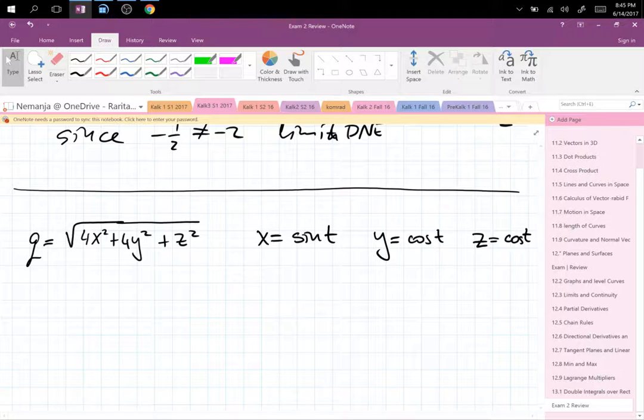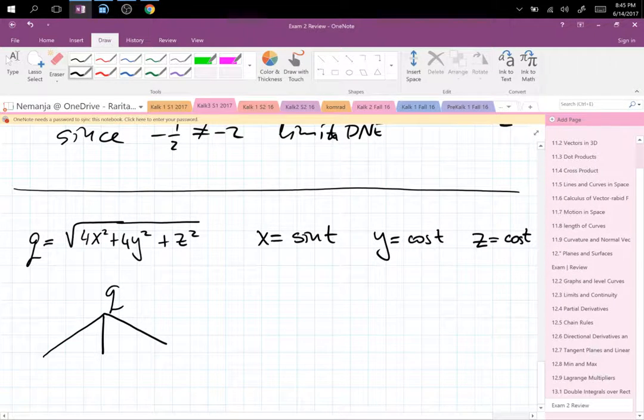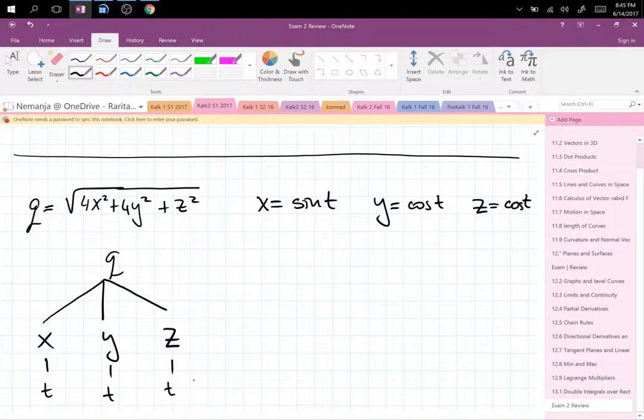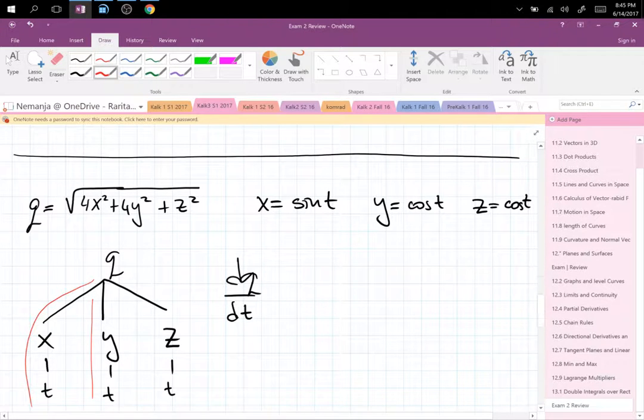Now, what I see is that function q is a function of three variables x, y, and z, and each one of those is in terms of t. So, to find the derivative of q with respect to t, I would have to follow each branch and add all the derivatives together.